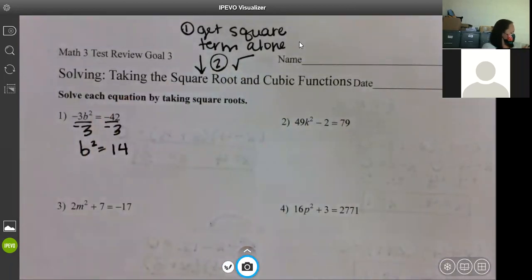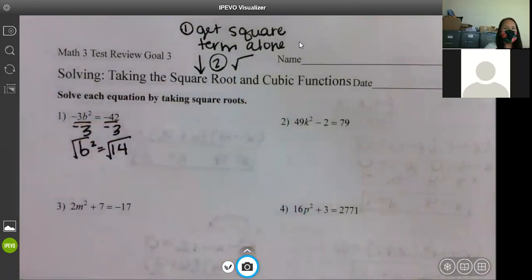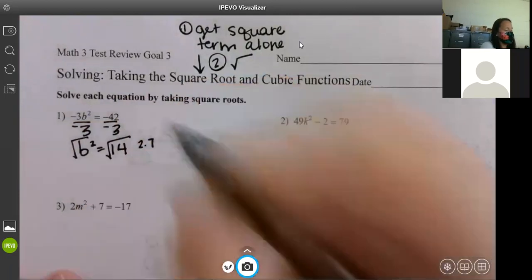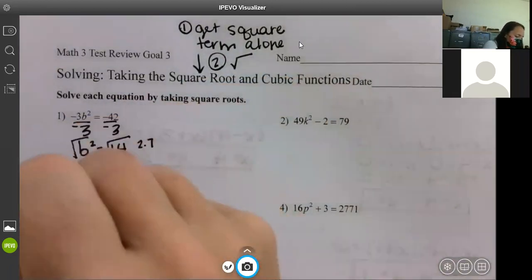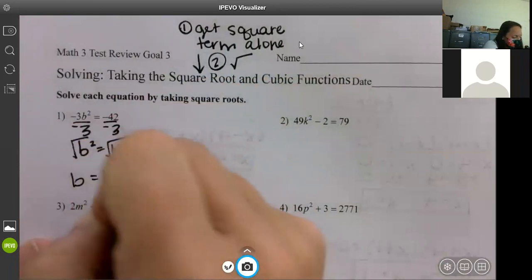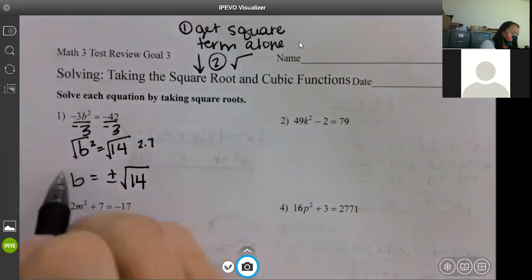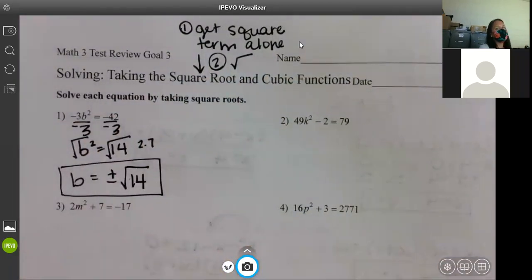Now that it's by itself, I'm going to take the square root. 14 breaks down into 2 and 7. I don't have any pairs. So my final answer is just that. But make sure you put the plus minus on the front. And that's it.